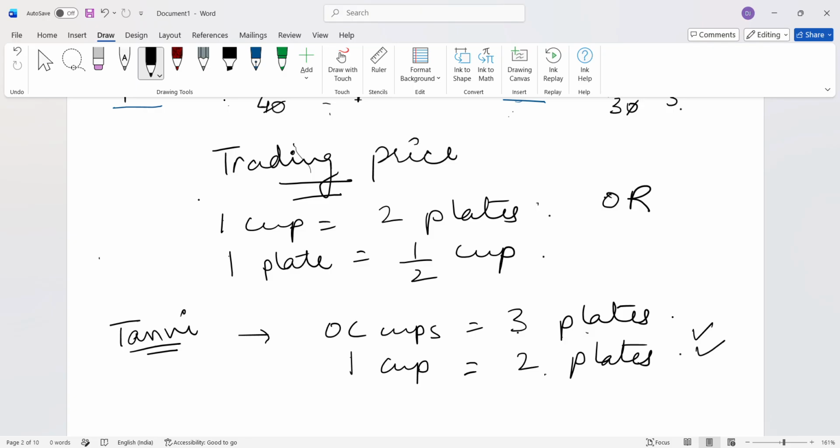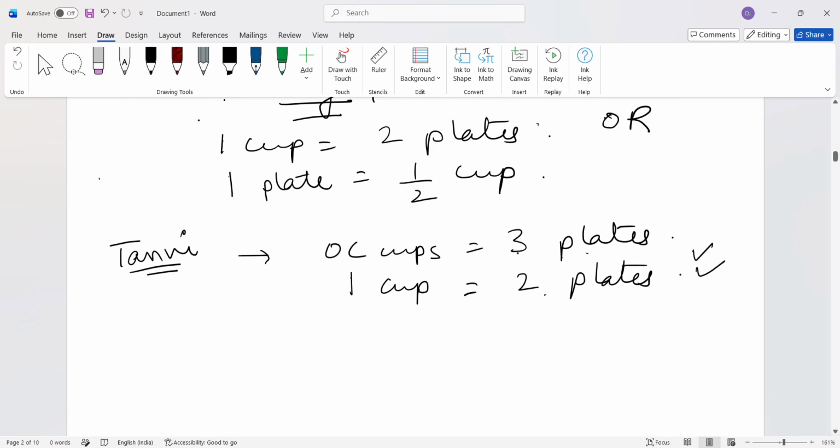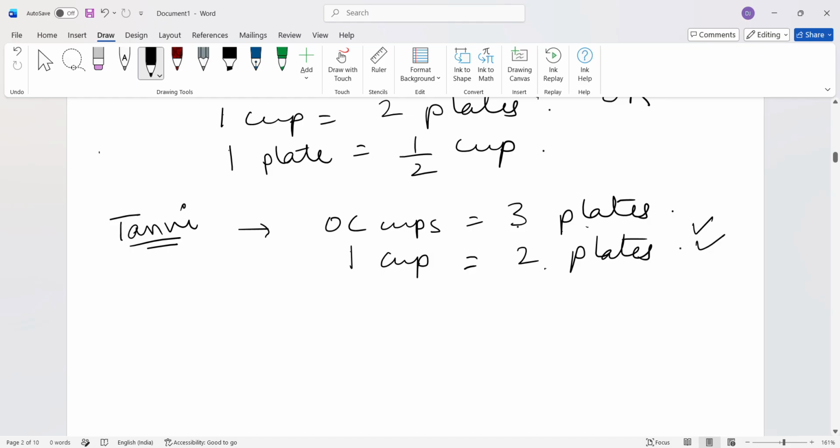All right. Now let's see it for Tina. Since Tina would be buying plates, right? Tina is specializing in cups. So she would be producing cups and she would be buying plates. And the trading price, as I have written, is 1 plate equals half cup.